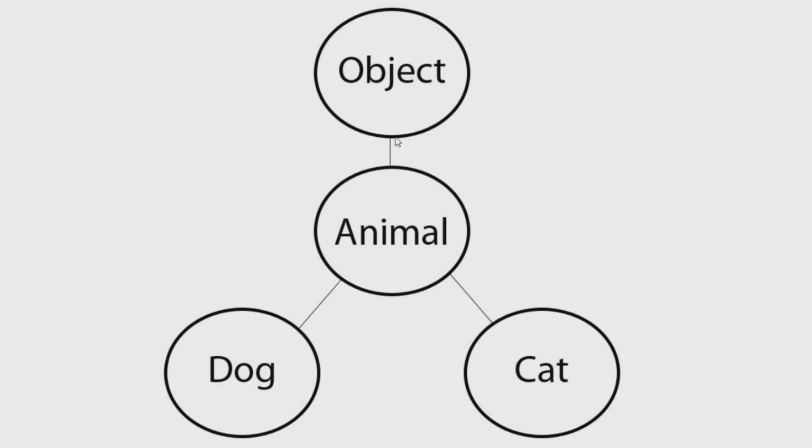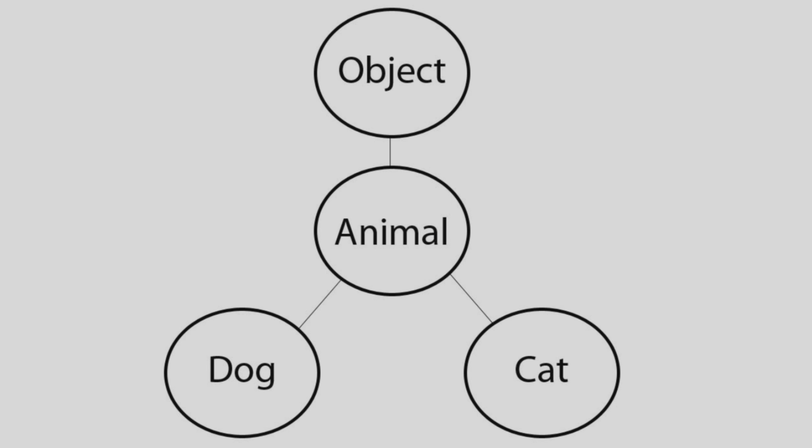Now the toString method belongs to the object class, and remember, all classes inherit from the object class. So animal is going to override the toString method from the object, and then dog and cat are going to override it from their parent, animal.